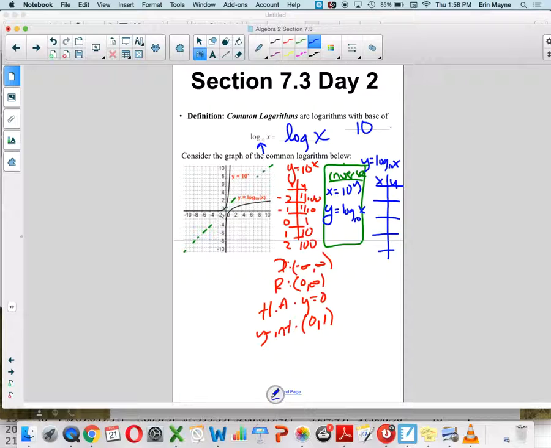But I'm also going to start teaching you how to just find the logarithmic points. So listen, because we're going to practice this now and really practice it tomorrow. I know that my y values have to be my exponents. Why? Because they were my inputs before, so they're my outputs now, and a logarithm is an exponent. So I know that the exponents from before are the y values now.